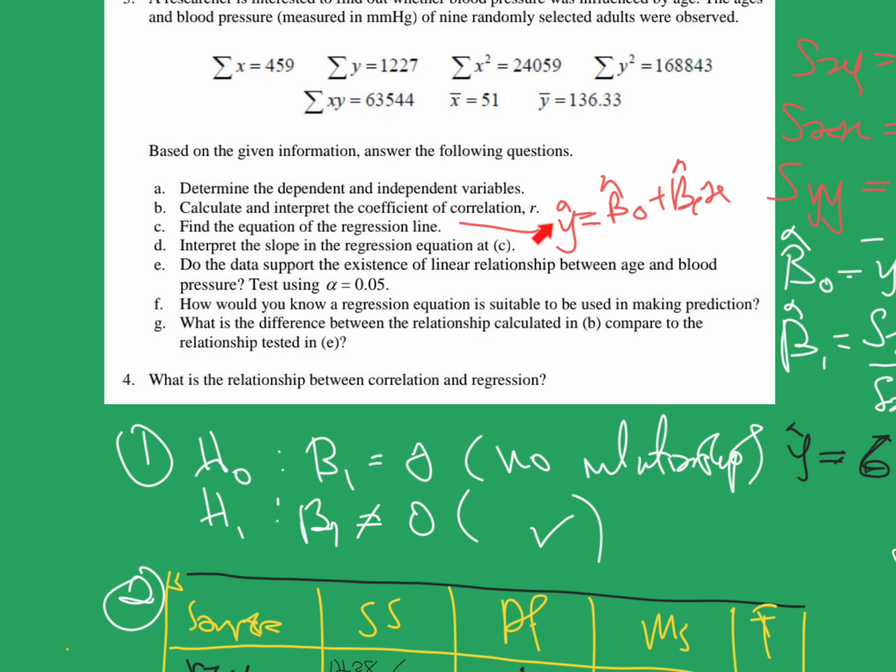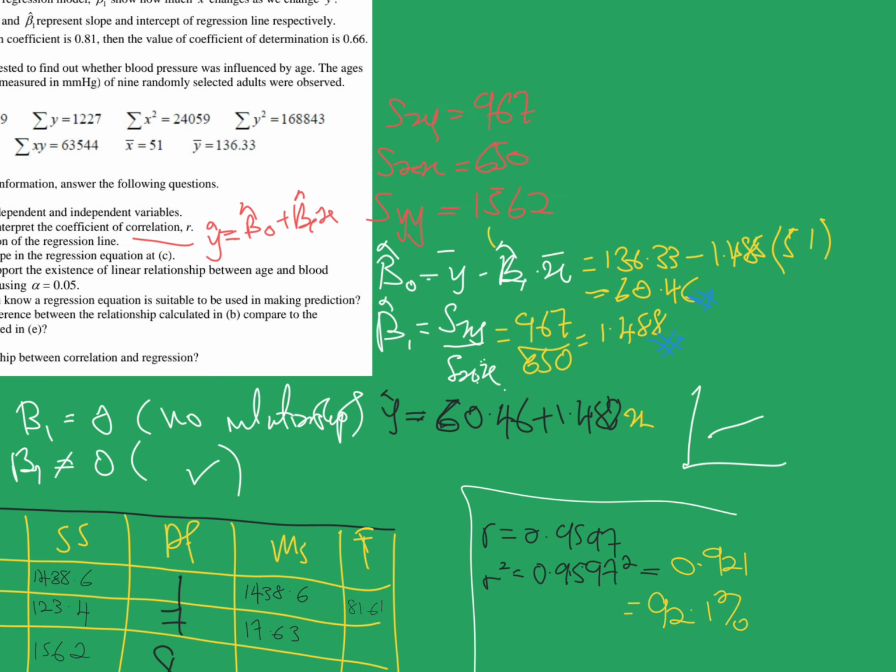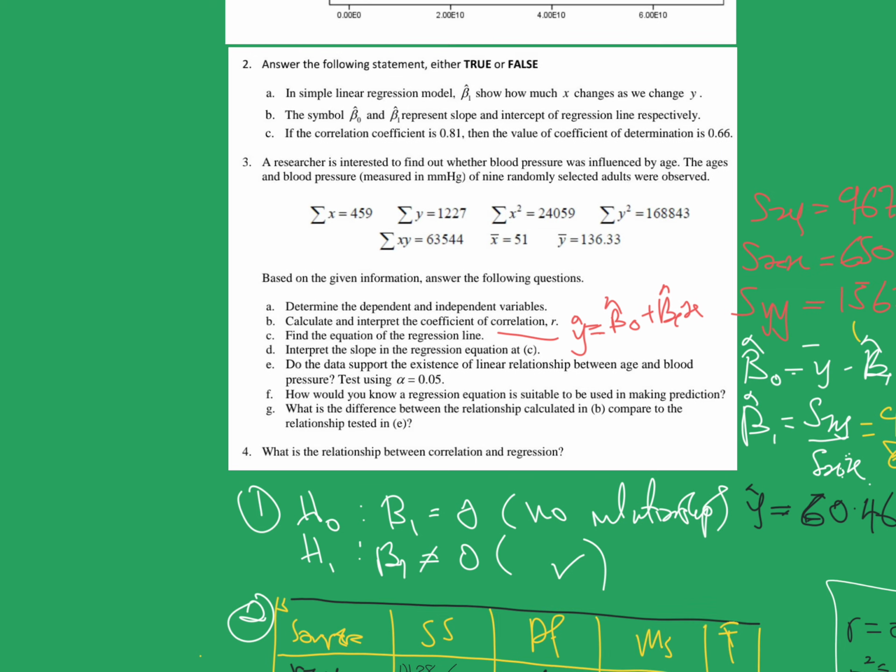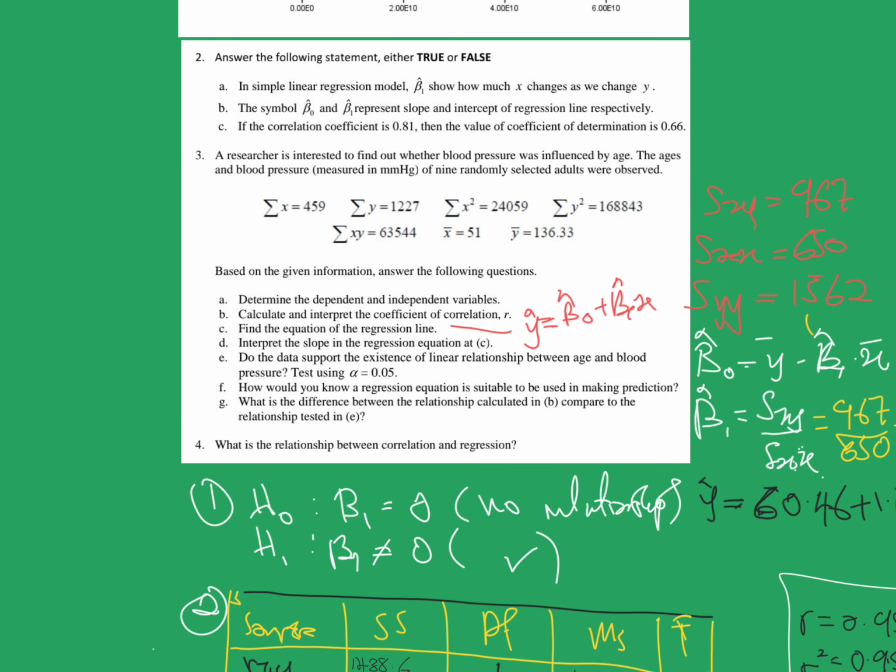So basically this R here is generated based on the data of a sample only. So this R, the value of 0.9597 here, actually only represents the 9 respondents, right? The sample. That R only represents them.